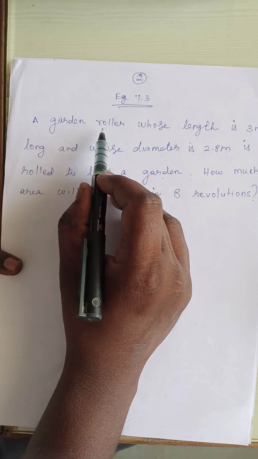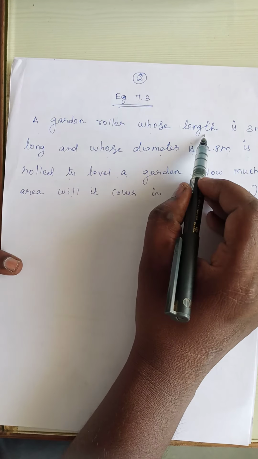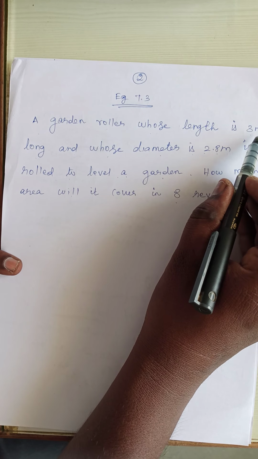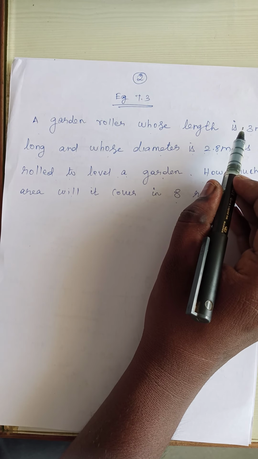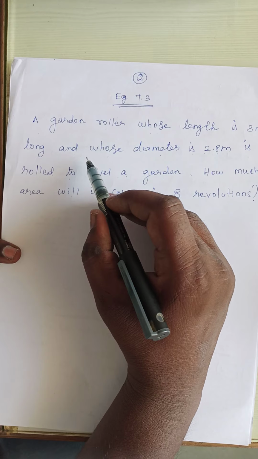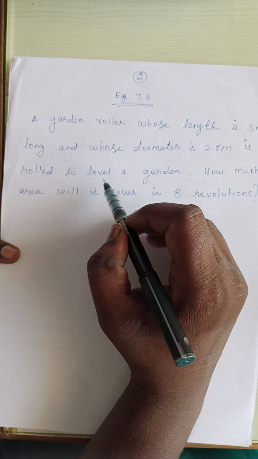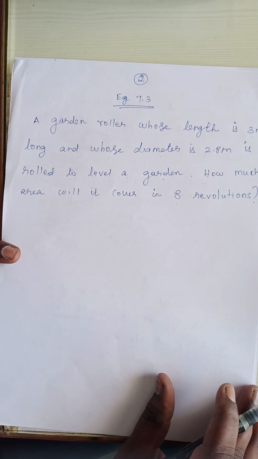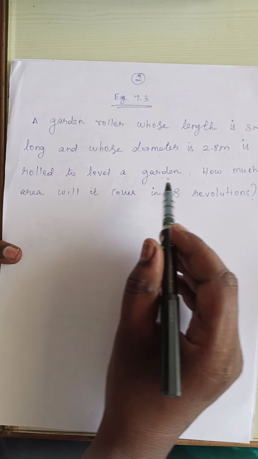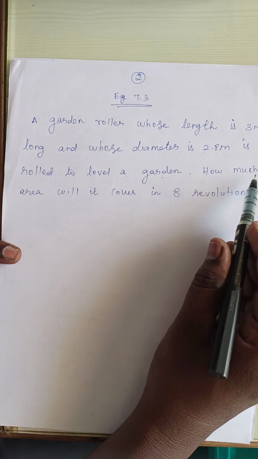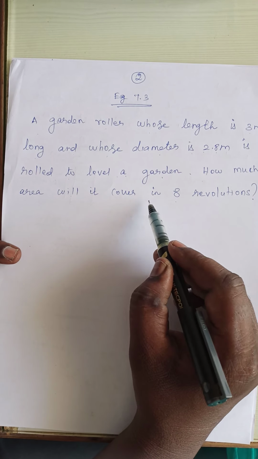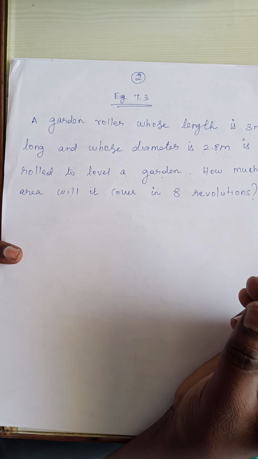Once again, read the question. A garden roller, whose length is 3 meter long and whose diameter is 2.8 meter, is rolled to level a garden. How much area will it cover in 8 revolutions?